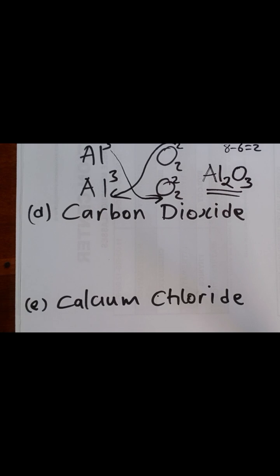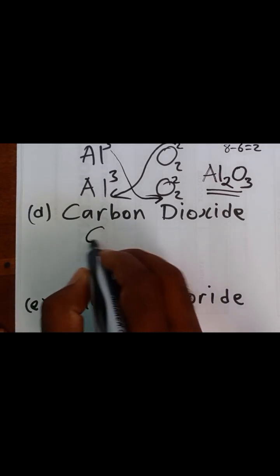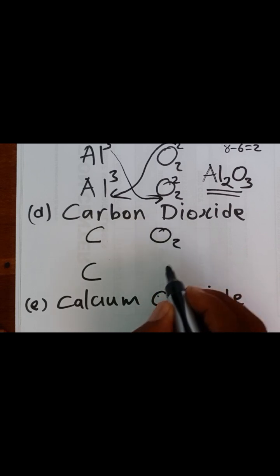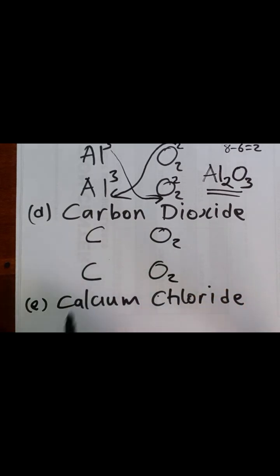D, which is carbon dioxide. I know many of you know how to write the chemical formula for carbon dioxide, but I want to show you where it is coming from. Carbon dioxide is a reaction of carbon and oxygen. Carbon is a non-metal.